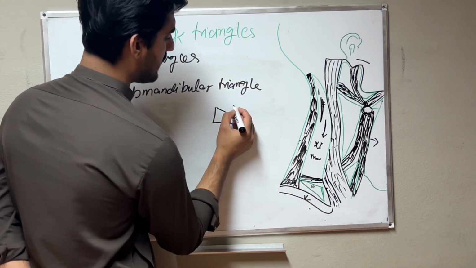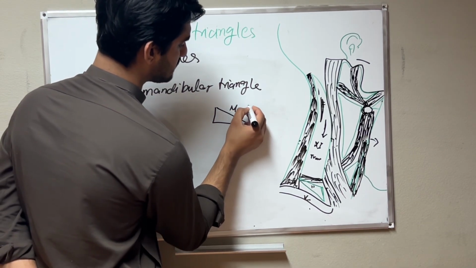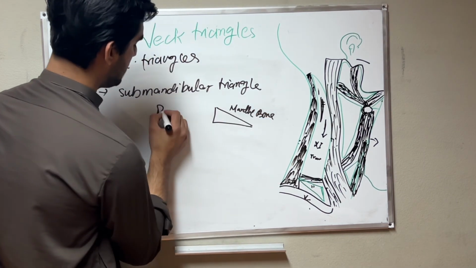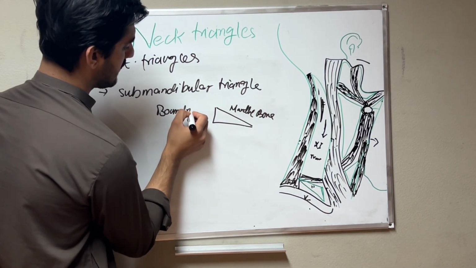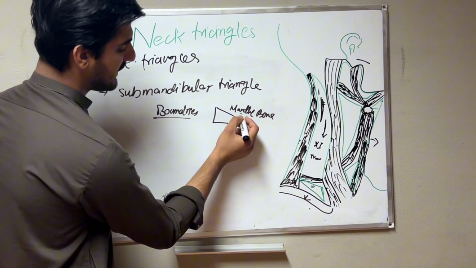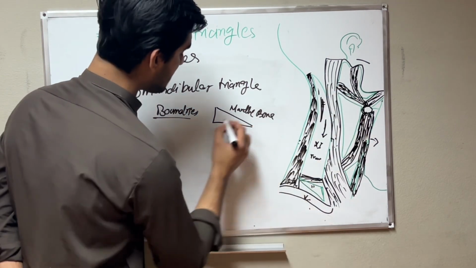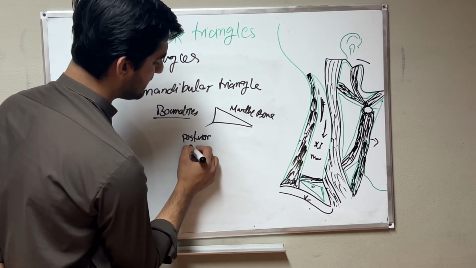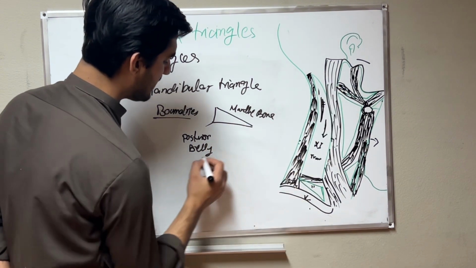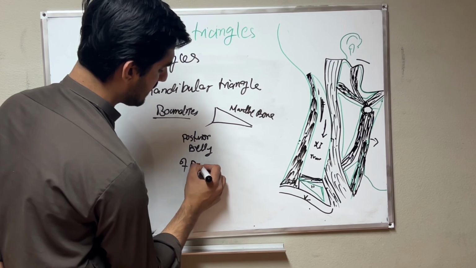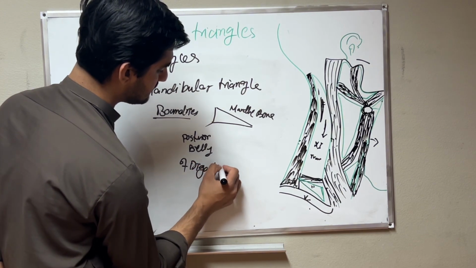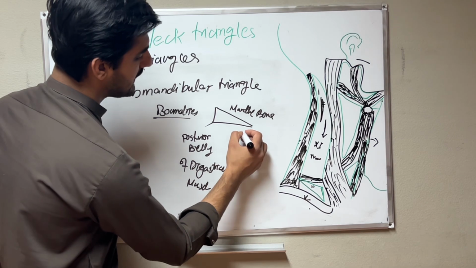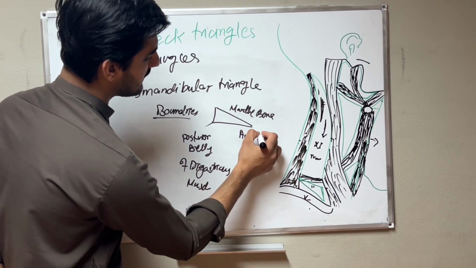Now here we have the mandible bone. These are the boundaries. Mandible bone, and here the posterior belly of the digastric muscle, and here the anterior belly of the digastric muscle.